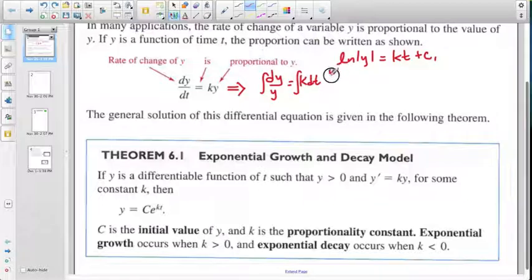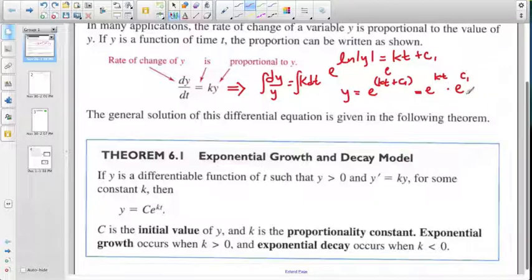And then when we exponentiate both sides according to our laws of logs, we can then solve for y, and that equals e to the kt plus the constant of integration. And using our laws of exponents, we can separate up that exponent as e to the kt times e to the constant of integration.